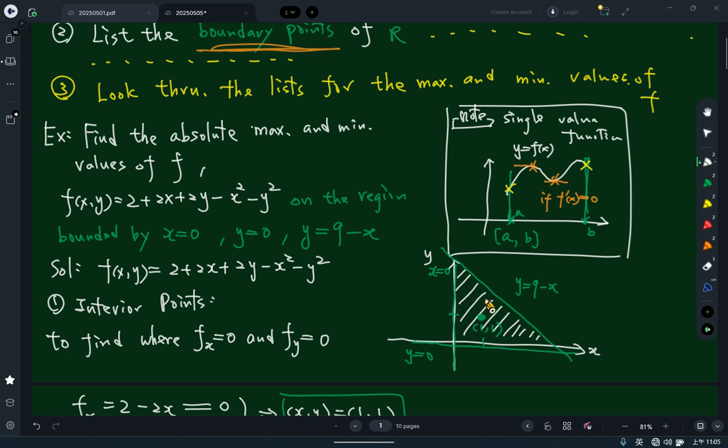For the exercise, I ask you to do the exercise for that example. That example is just retrieved from some rectangle. But no matter triangle or rectangle, the boundary is composed of several straight lines. Okay, but it is easy for you to find the boundary, then find the boundary points.